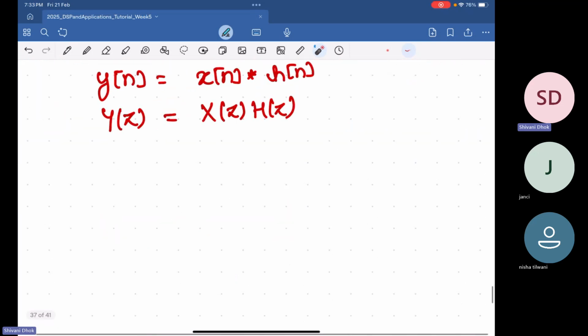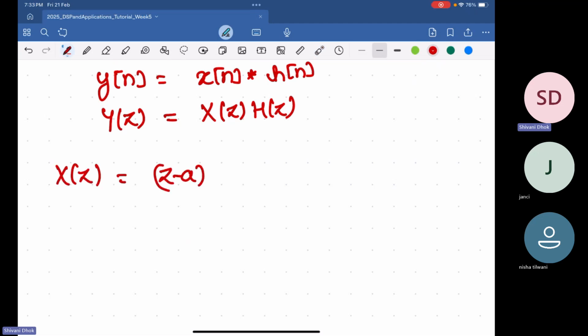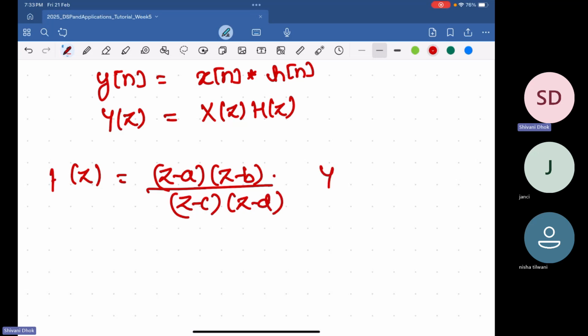So for example, let H of z be equal to z minus a into z minus b and so on, divided by z minus c into z minus d, something like that, just for example. And my X of z has no zeros, so it is 1 upon z minus e, like this.